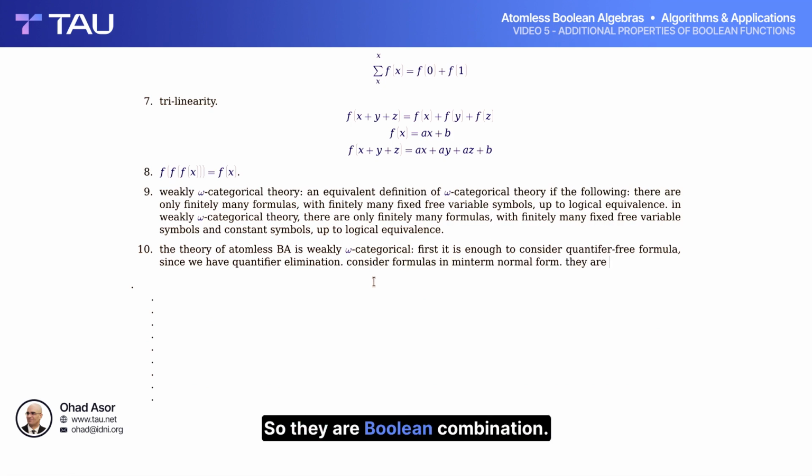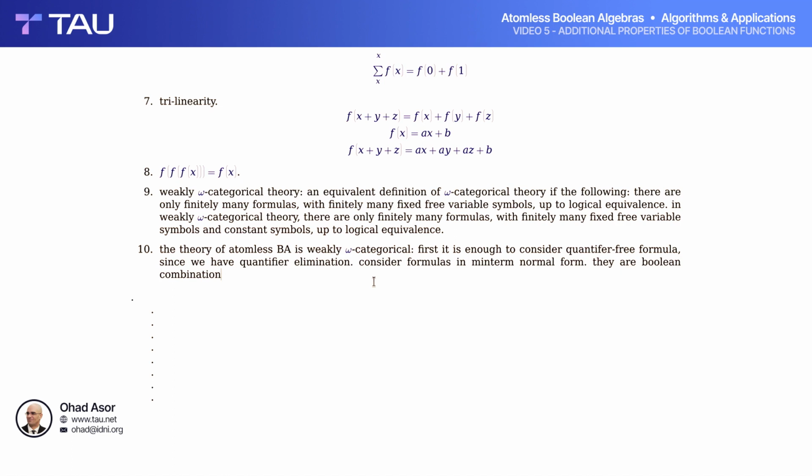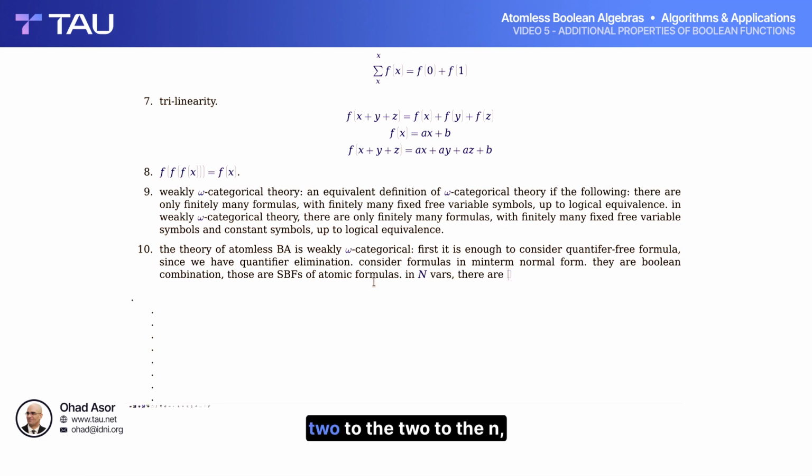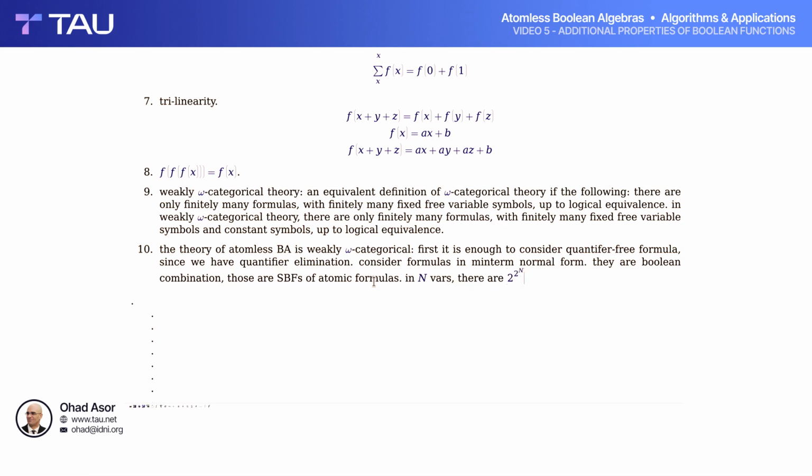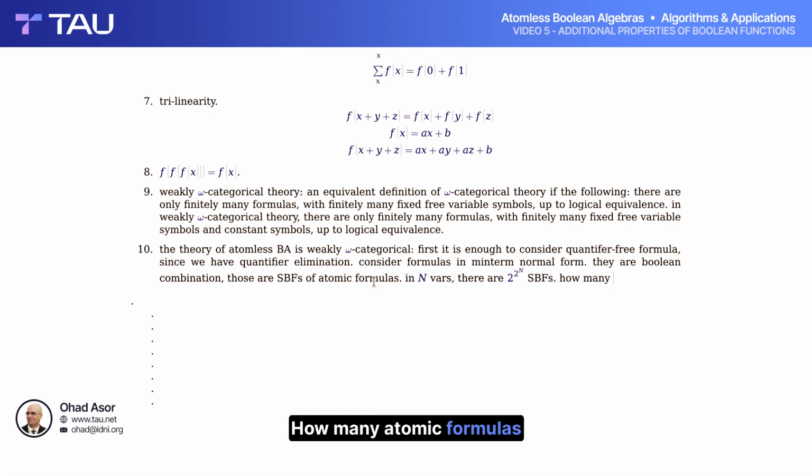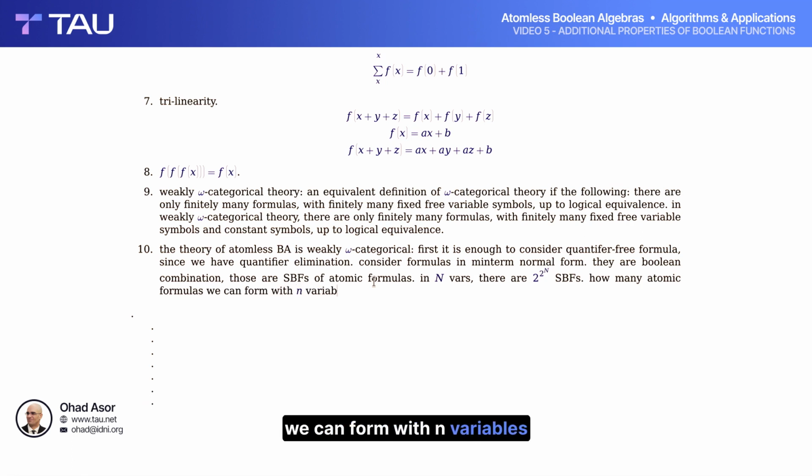So they are Boolean combinations, simple Boolean functions, of atomic formulas. In n variables, there are 2 to the n minterms. How many atomic formulas can we form with n variables and k constants?